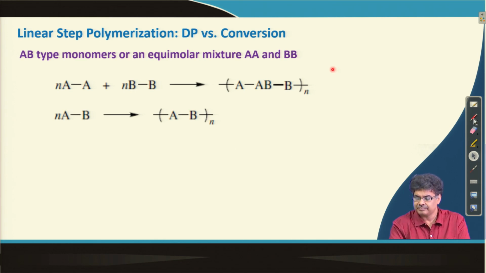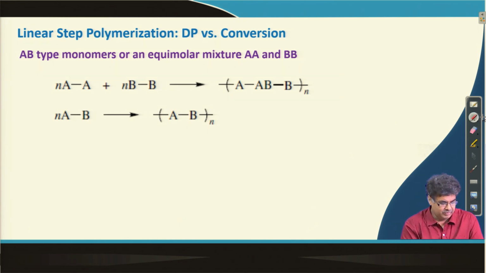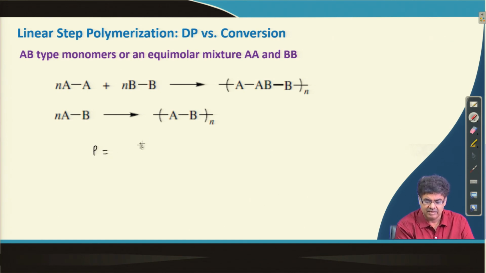Now, in that case we know that Xn is given by the number of functional groups reacted divided by the initial number of molecules present.